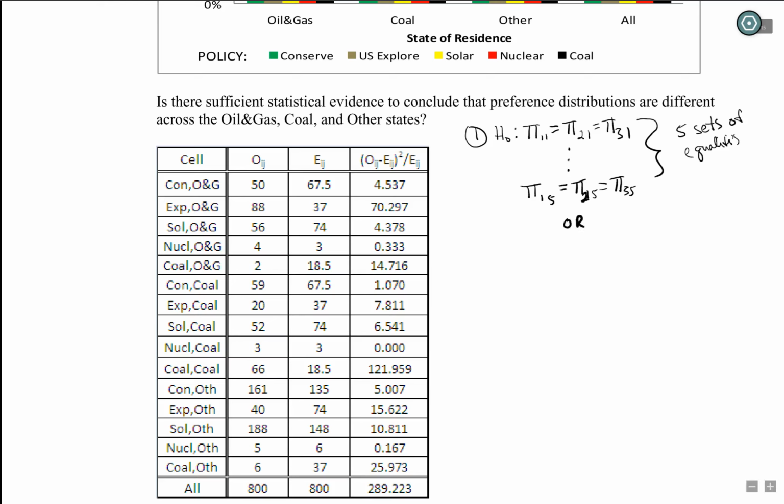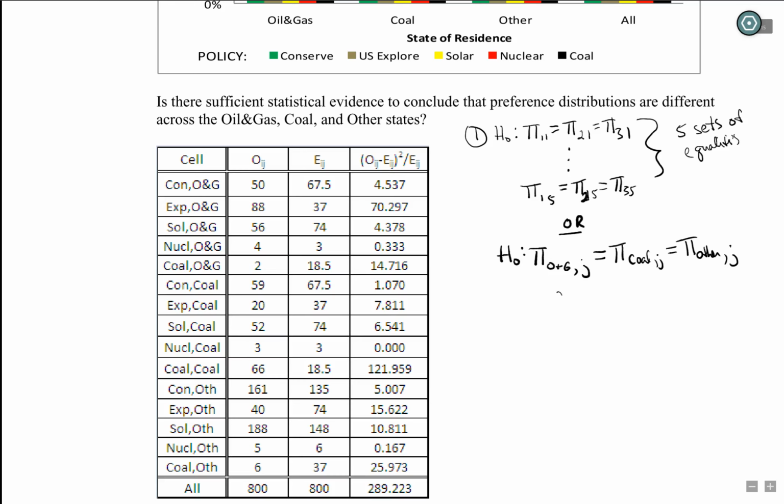If you want to think of it another way, you can think of it this way, that the proportion of oil and gas states, and I'm going to put a comma j to allow me to look at the jth class, is the same as the proportion for the coal states at the jth class, is the same as the proportion for other states at the jth class.